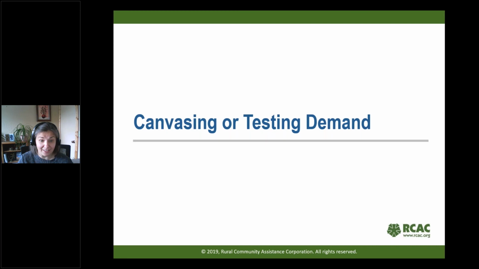The Icehouse Canvas, which we introduced in the previous module, is an internal tool that helps you to reframe your idea into a solution that addresses a problem, and then identify who has that problem and how you will connect with them. Canvassing demand gives you the opportunity to observe the problem and to get out of the building to test your product, service, or project.